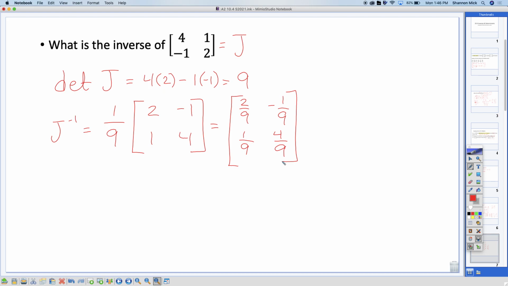Because you guys want to check, right? So we gotta take this times this, yes? Okay. So I'm just gonna write it here. 4, 1, negative 1, 2. So 4 times that, so that would be what, 8 ninths? And then minus 1 ninth. Oh, plus 1 ninth, sorry. And then negative 4 ninths. Plus 4 ninths.